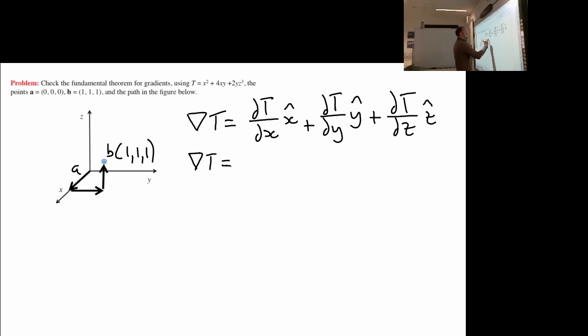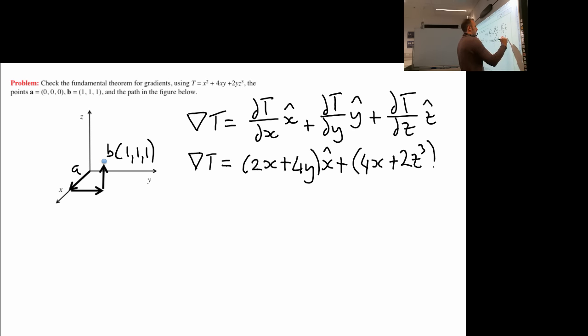Our gradient of T will be equal to (2x plus 4y) x hat, plus (4x plus 2z cubed) y hat, plus 6y z squared z hat. Okay, so that's our first step.